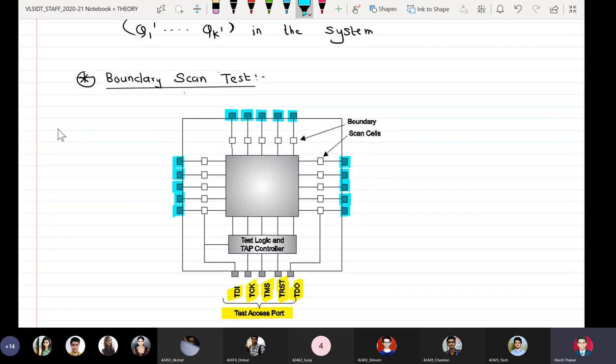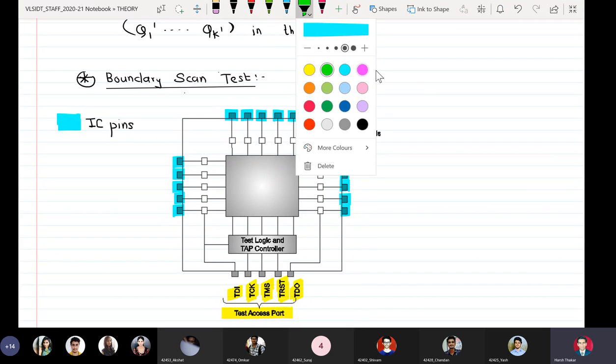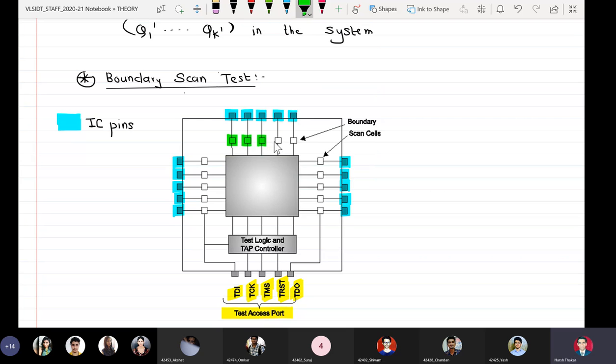So we can say these are called BS cells or boundary scan cells.